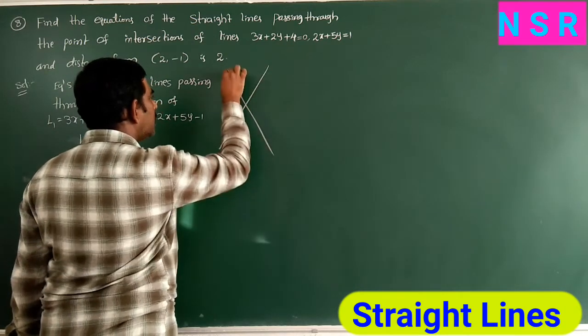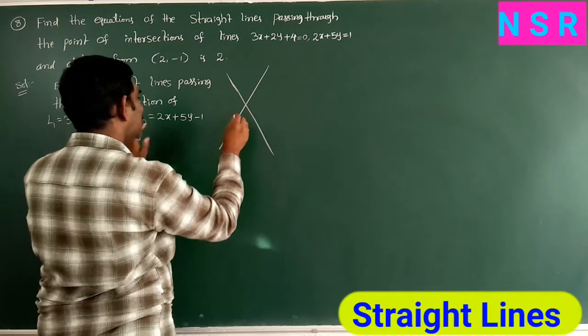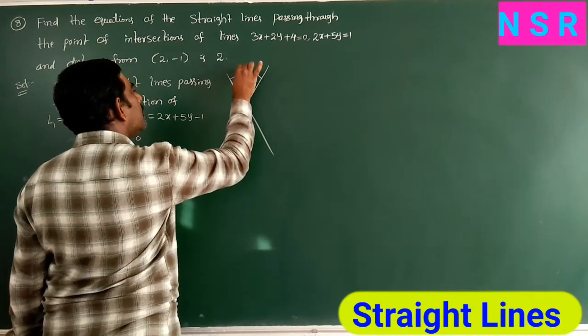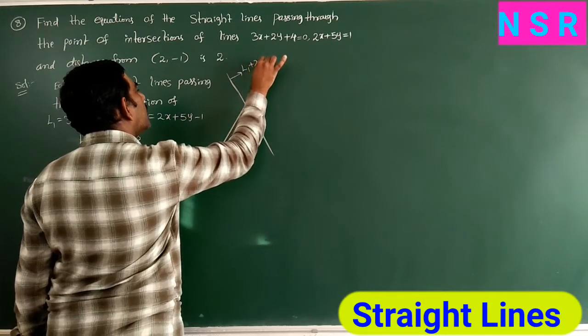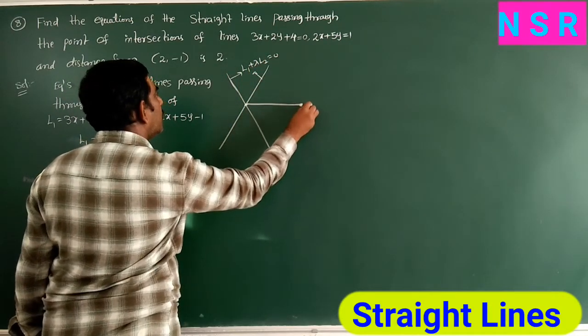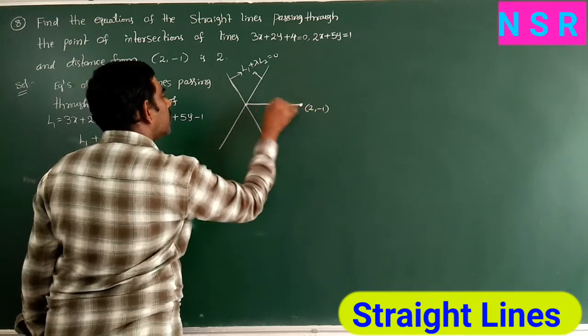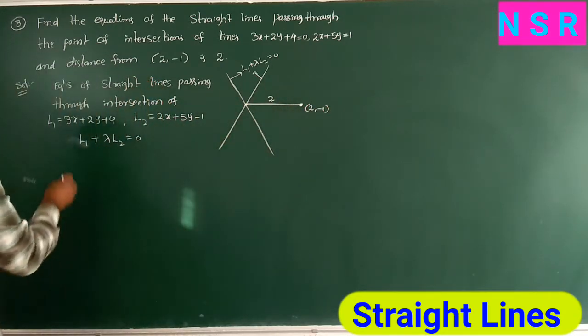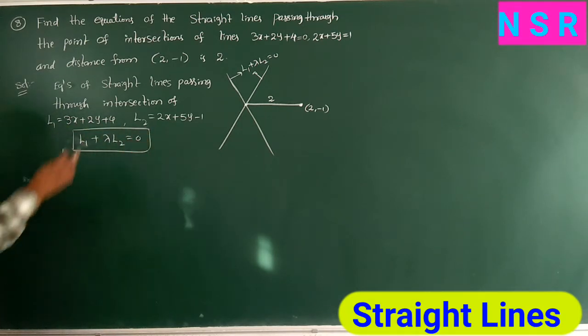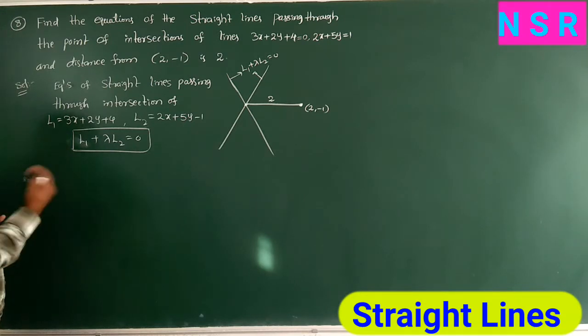These two straight lines pass through the intersection of these lines, so the equation becomes L1 + λL2 = 0, and it has distance 2 from the point (2, −1). So first find the L1 + λL2 = 0 equation. Next find the perpendicular distance from this line to the point. So we get 2 lambda values and 2 straight line equations.